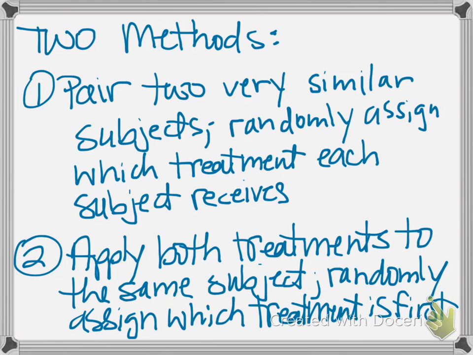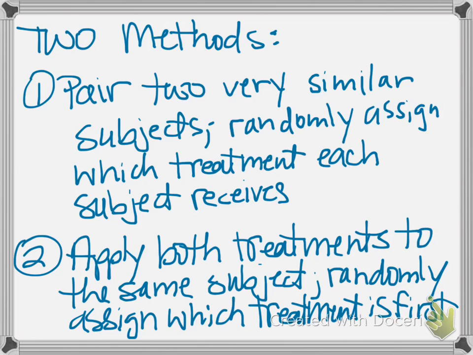And then you're going to pair up people to be as similar as possible. Of course, that won't be perfect, but the idea is that if you pair up people in pairs that are very similar to one another, then perhaps any difference that you notice in the experimental results is truly caused by the difference in your treatments, not so much in the difference between the two individuals.